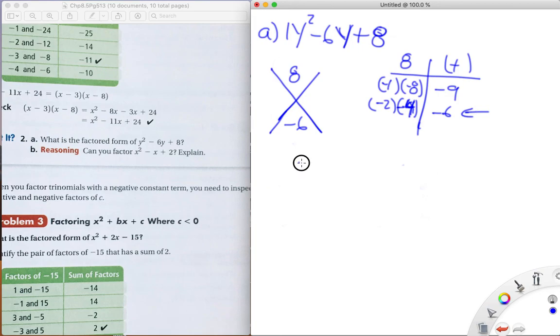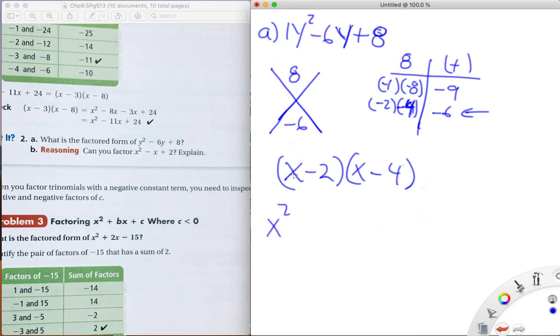It's going to be x minus 2 times x minus 4. Again, I had to think of two numbers that when I multiply them give me positive 8, but when I add them together give me negative 6, which told me that I was definitely going to be dealing with negative numbers. Of course, I can FOIL it to do my check.